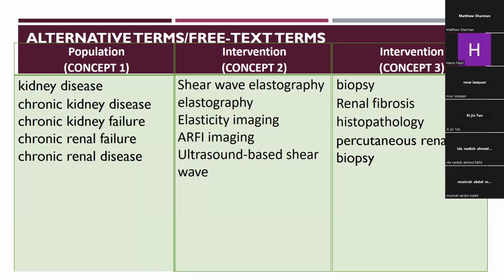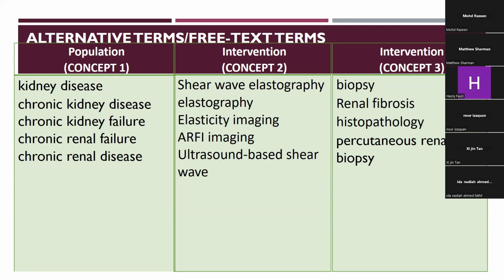So what I usually do is highlight or write down all the keywords or synonyms related to the components, the concepts. From PICO, I will turn it into concepts right now. So we have the population, intervention, sorry, this is the outcome. We have kidney disease, and all the synonyms for kidney disease, as many as possible.